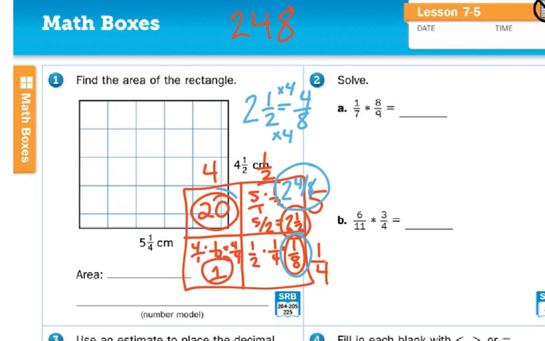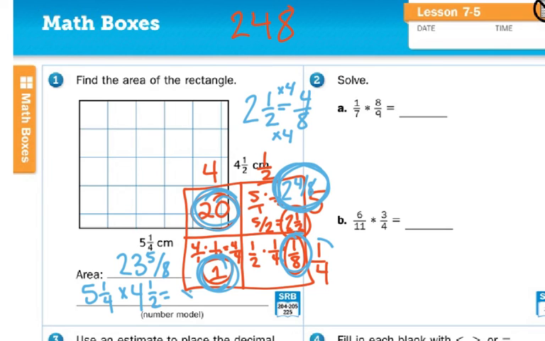Now I can add all 4 of those together. 20 plus 1 is 21. And 2 more is 23 4/8, plus 1 more eighth, it would be 23 5/8. 5 1/4 times 4 1/2 equals X.